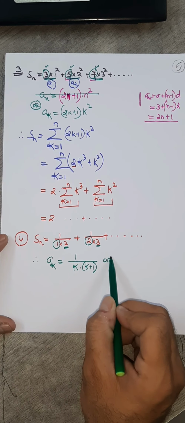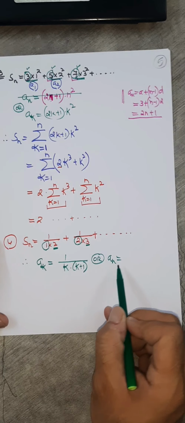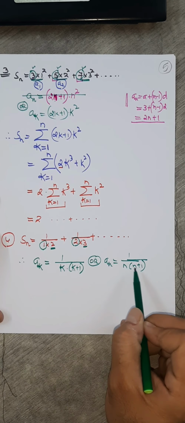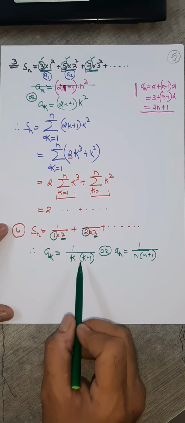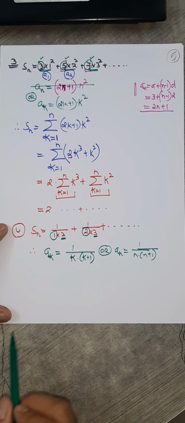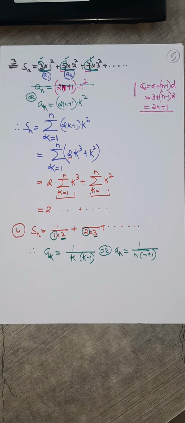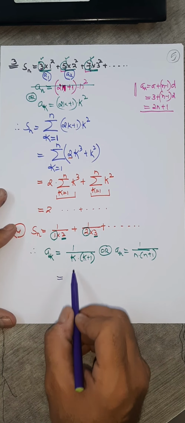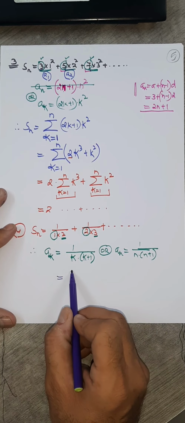Or as I told you a number of times, you can write the nth term. What is the nth term? 1 upon n into n plus 1. Now what is our next step? Put sigma in front of this. But now the problem is, if you have a product, you cannot apply the sigma. So what we do, we'll simplify a little bit like this. 1 plus k minus k. This is a constructive step.